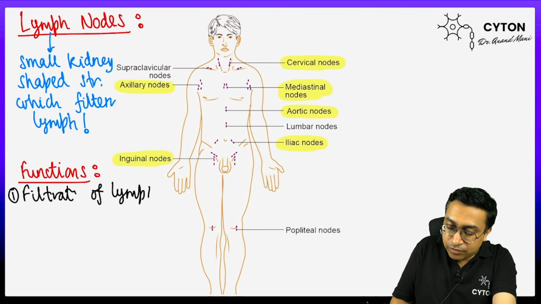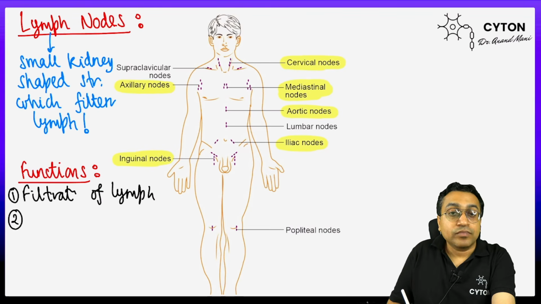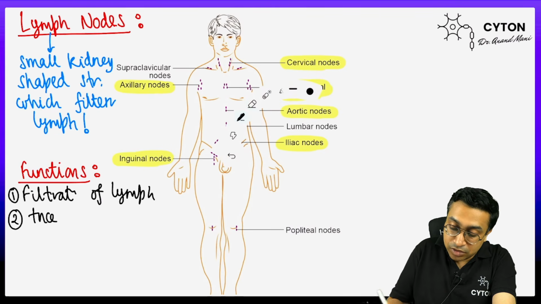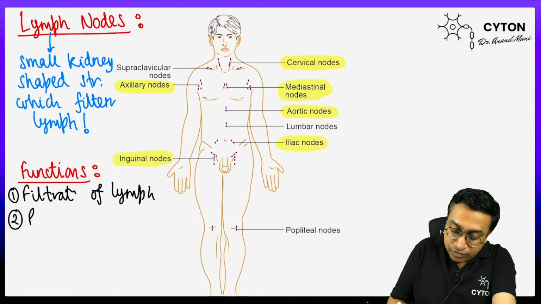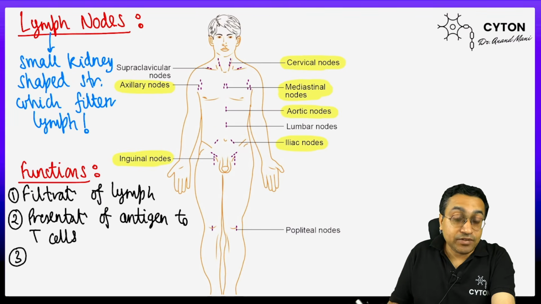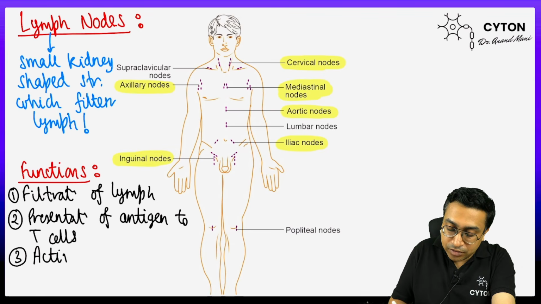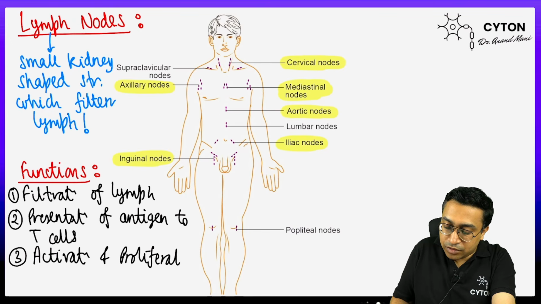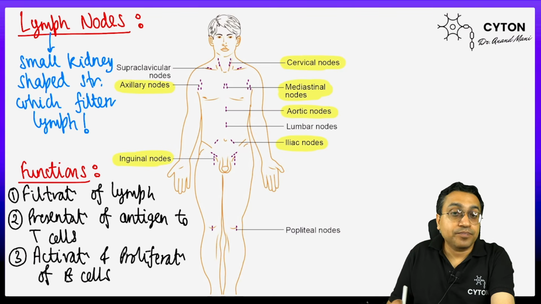Number 2, that is presentation of the antigen to the T cells. Number 3, we have activation and proliferation of B cells.